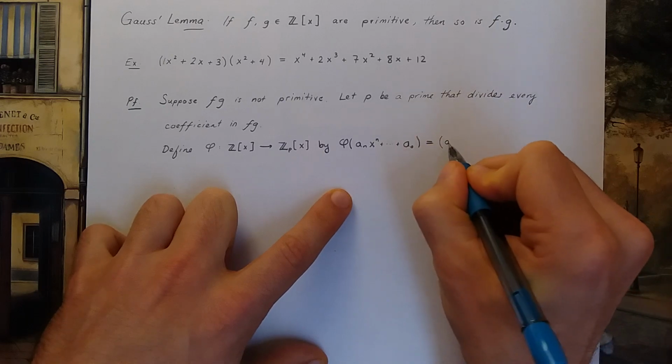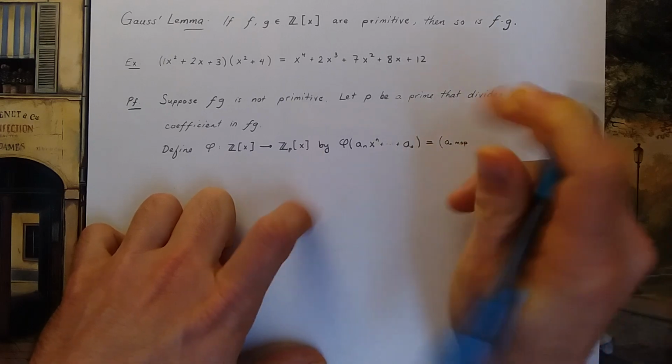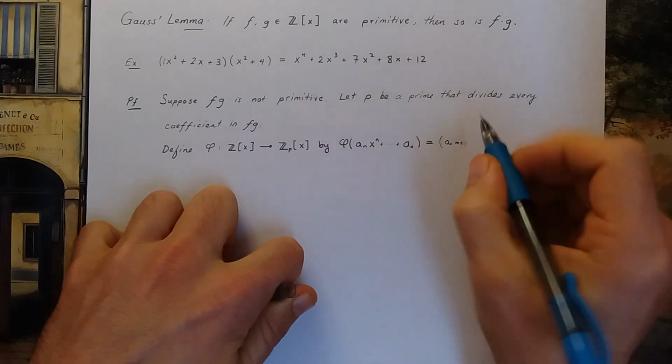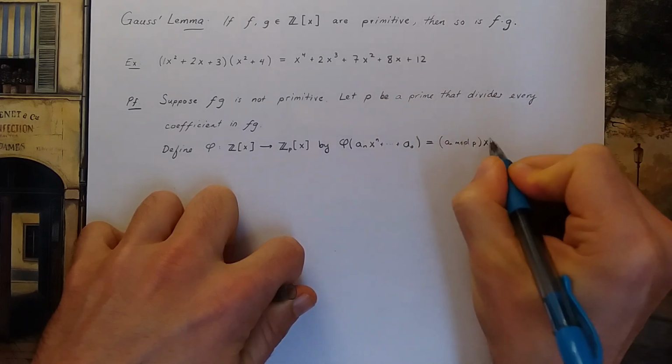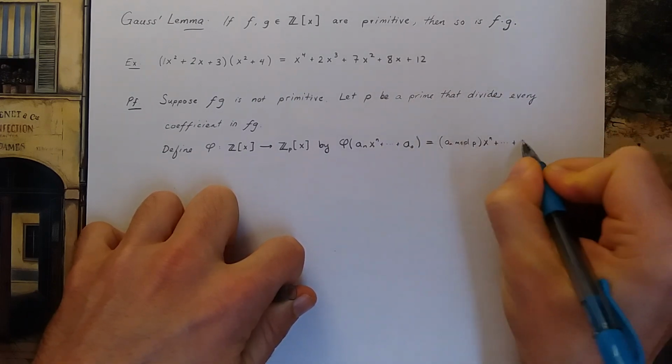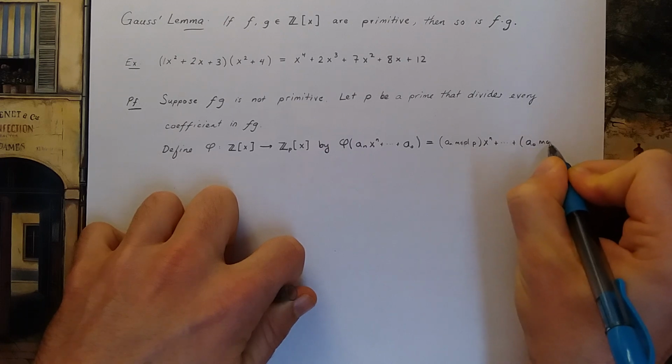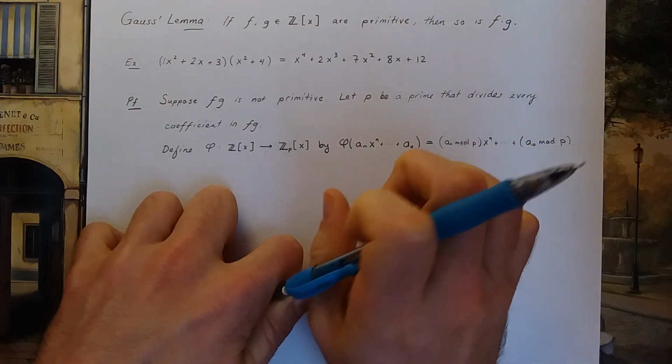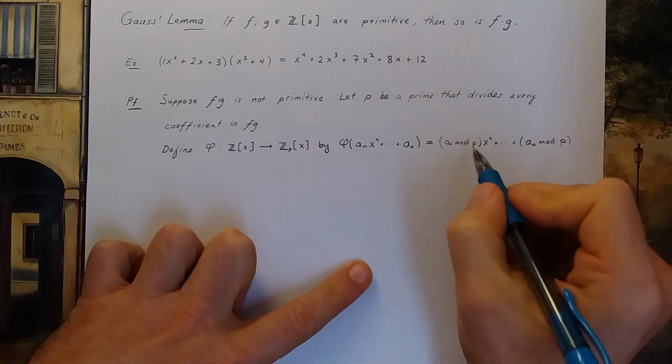So this would be a_n mod p times x to the n, so on until I get to a_0 mod p. So I just take each coefficient mod p.